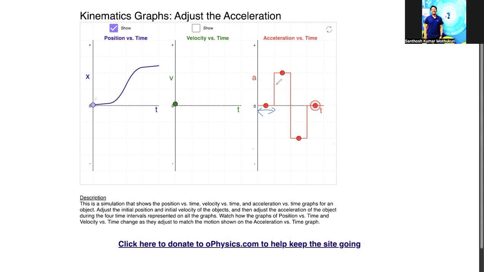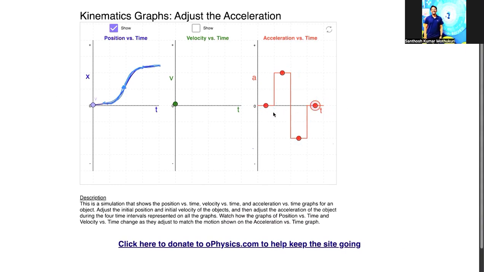And after that, acceleration is more. Look at this part. So there is a steeper value of acceleration in the position time graph. From here to here, it is negative. From here to here, the position is slowly reducing, and then here to here, it is 0. It's flat. Yes.